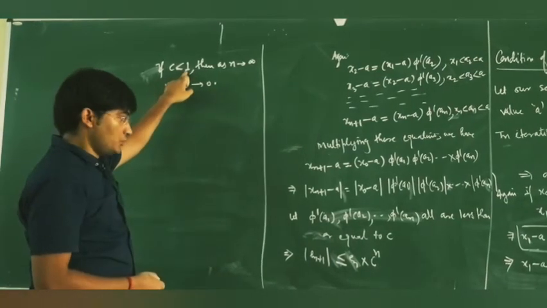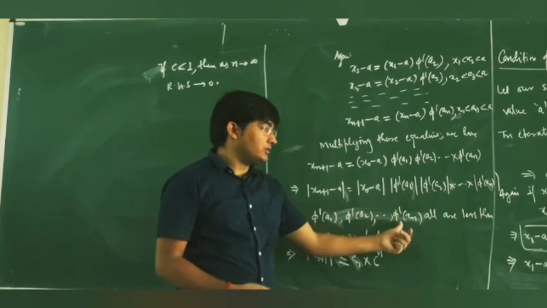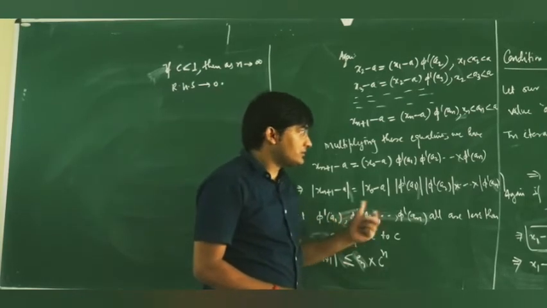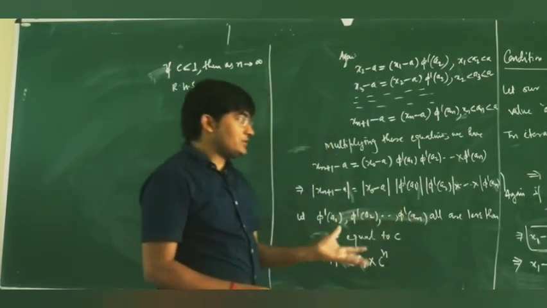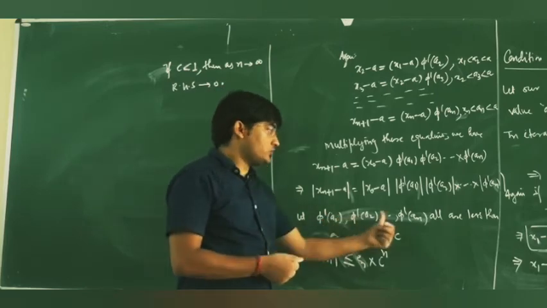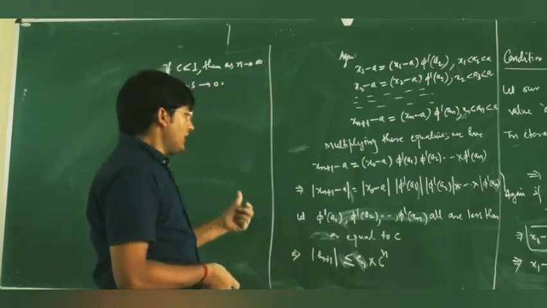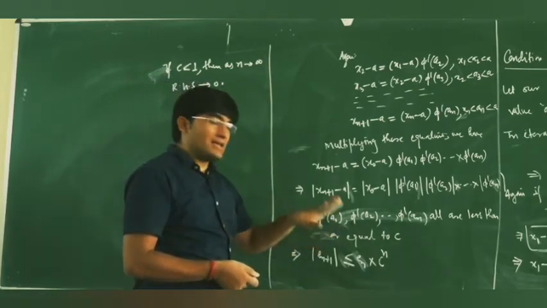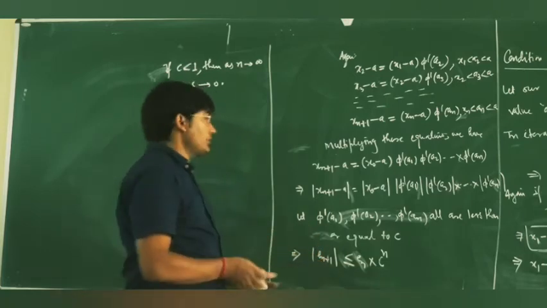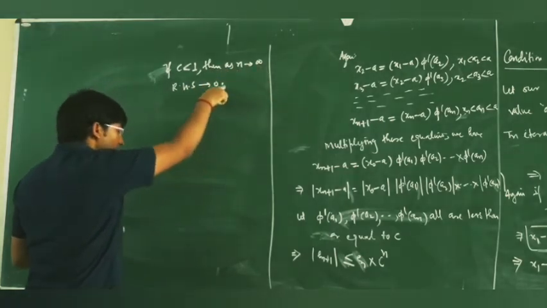And c less than 1 means the derivative of phi is less than 1 for all values of x between x naught and a. So whenever a1, a2, an lie in the interval and phi dash x is less than 1, only then will this iterative method converge.